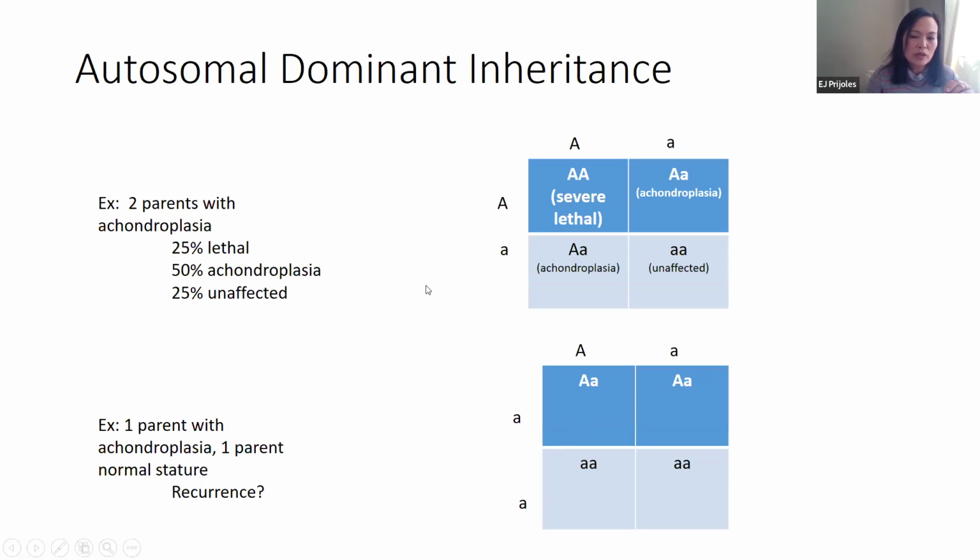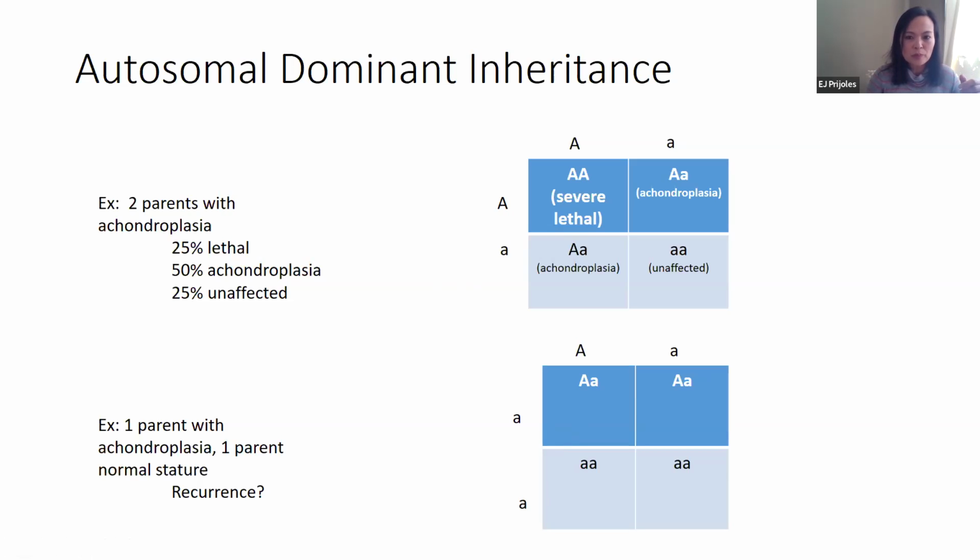But we also know that individuals with achondroplasia may also have a partner with achondroplasia or another skeletal dysplasia. And so this has to be taken into consideration as well. And depending on the combinations, there may be different severities of conditions.